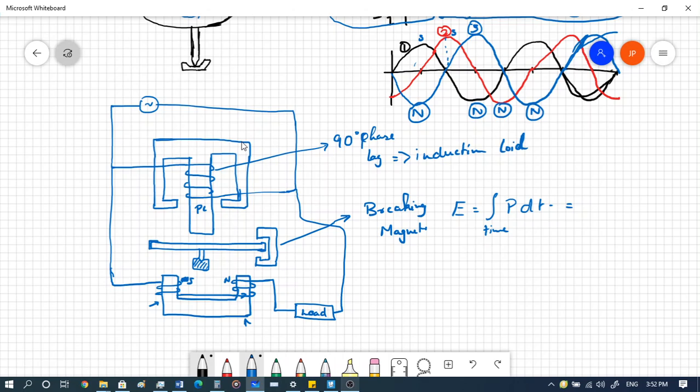And here you can see this current coil is in series with the load, and we assume that the impedance of the current coil is much smaller compared to the impedance of the load, right?